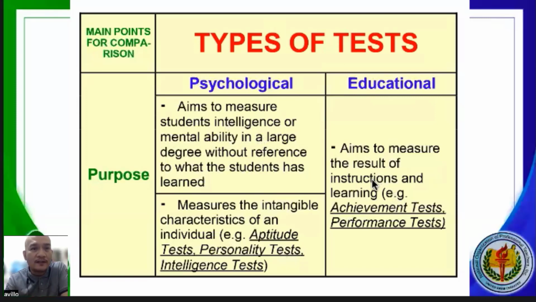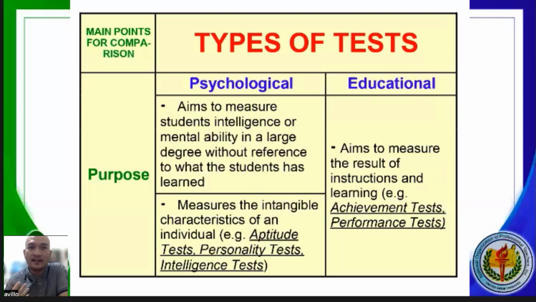Pero yung educational, ito yung result of learning and instruction. Ito yung mga sa school. Achievement test, performance test, yung test sa classroom. Educational tests. Okay? So, we have psychological and educational tests. Yung pinapa-exam natin na MI, yung multiple intelligences, pinapa-exam natin sa mga grade 10 para malaman na nila kung anong interest nila sa buhay.